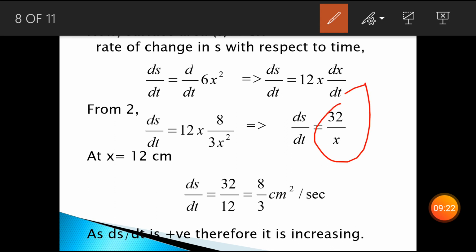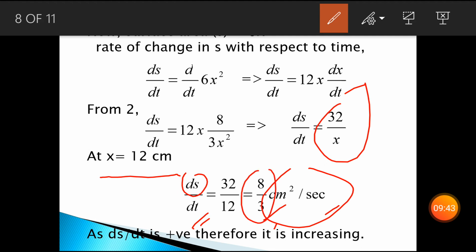Now they have said when the edge is 12, so at x equals 12 centimeter, 32 by 12 will give you 8 by 3 centimeter square per second, because surface area is centimeter square, and with respect to time, that is per second. As this quantity is positive, it means the rate is increasing.